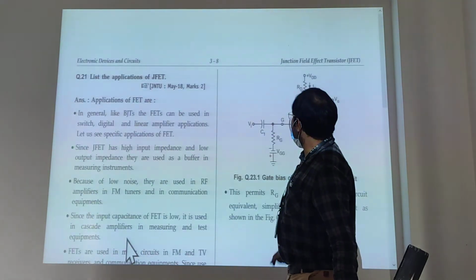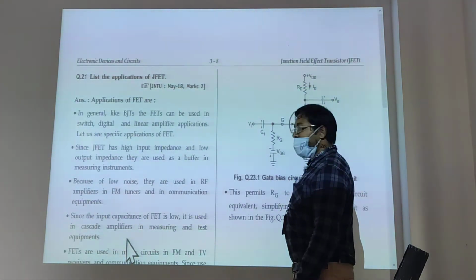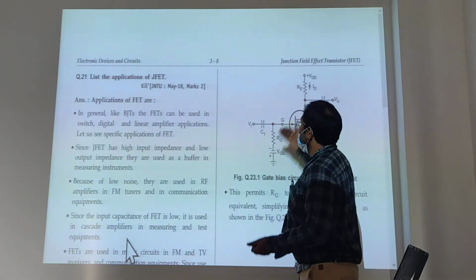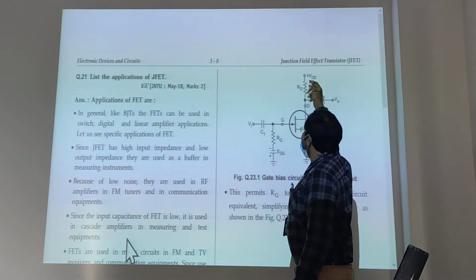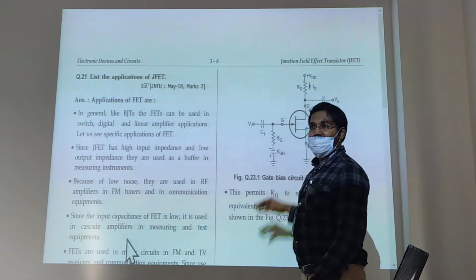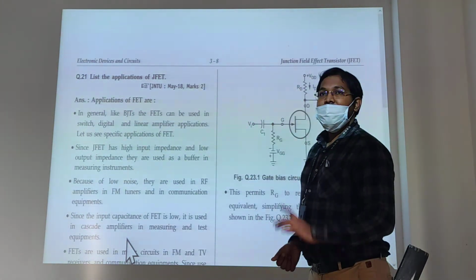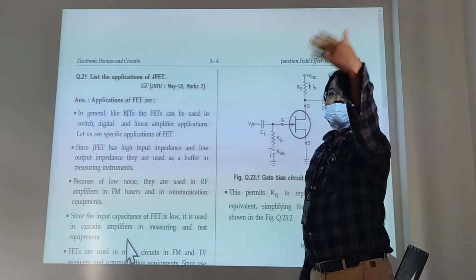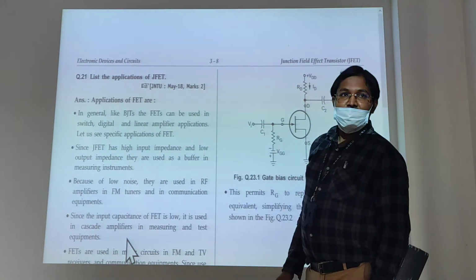Considering the DC equivalent, the output loop consists of VDD, IDRD, VDS. Correct? Here they are telling that the transistor is operating in ohmic region.